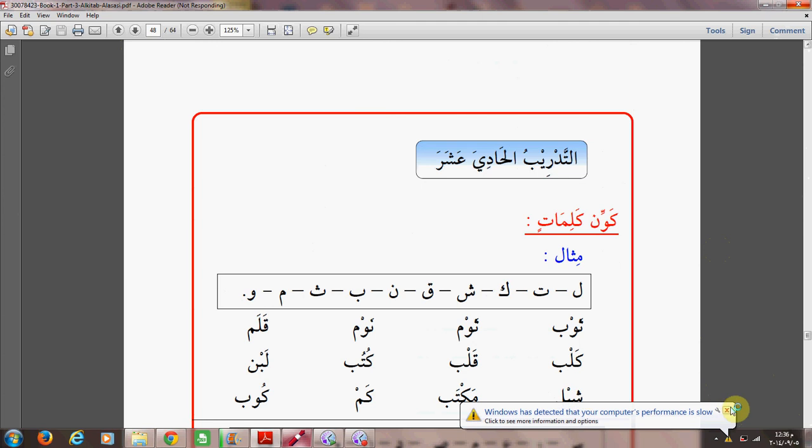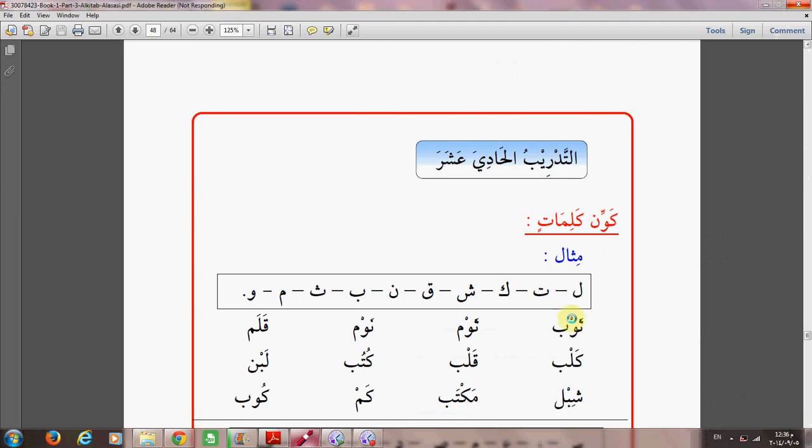So a lot of words you can make. They already made all the words here. So you're going to use the other group of letters to make more words. Check the time.